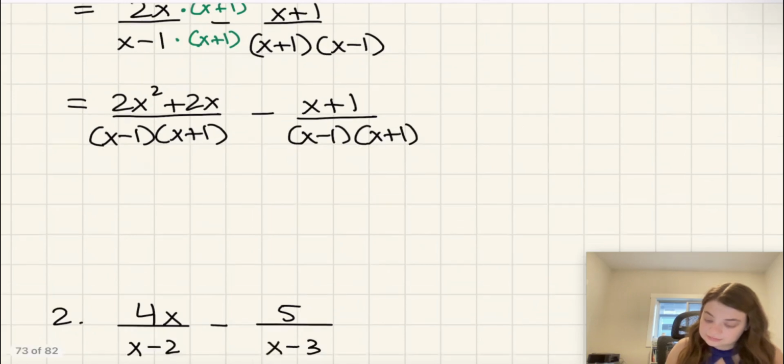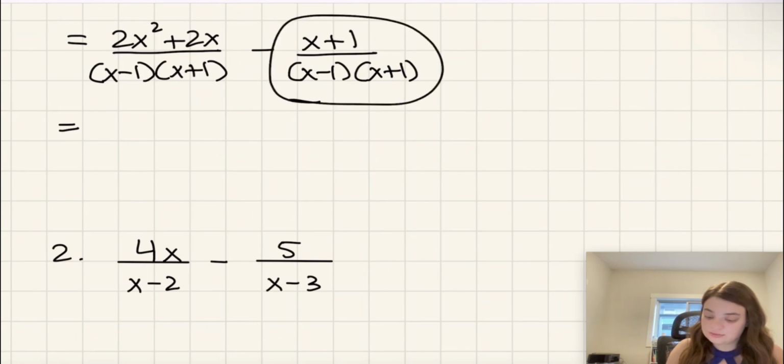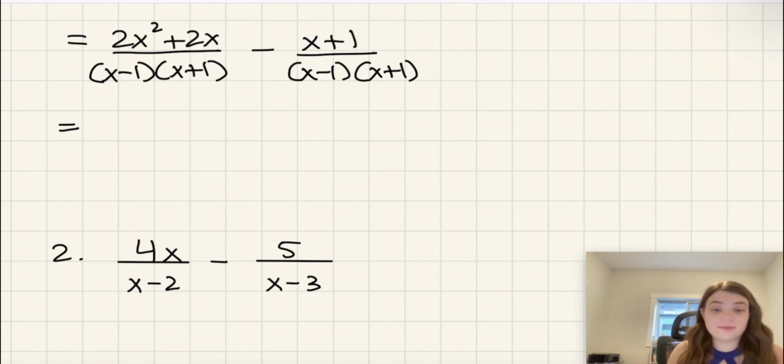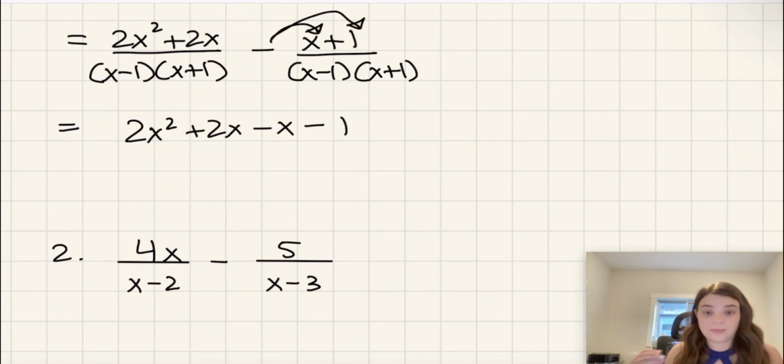Like that. Okay, now I'm going to combine the fractions and make sure that when you do combine the fractions, since we're subtracting this entire fraction from the first one, we need to use the distributive property. So it's going to be 2x squared plus 2x from the first fraction, and then minus x minus 1, because this negative sign is going to get distributed to both the x and the positive 1, making it a negative 1.